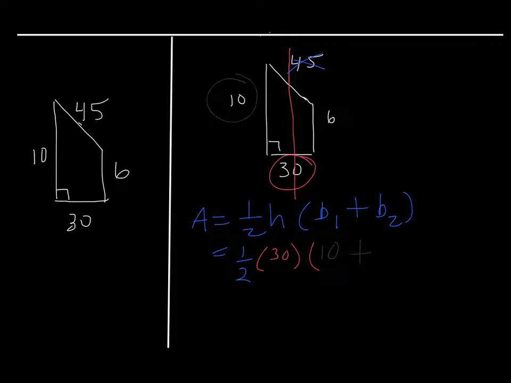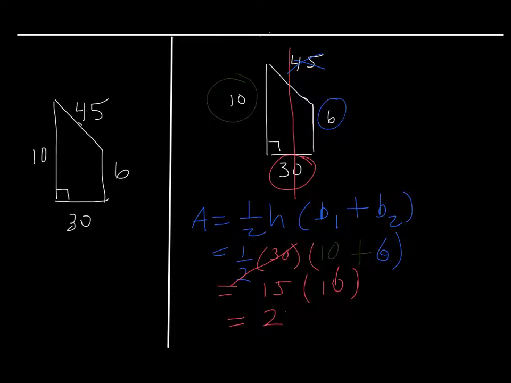So 10 plus the other one, which is 6. Then I go to solve this, and the 2 goes into 30 15 times, and, oops, excuse me, 16. I almost wrote 10 plus 6. So now 15 times 16 is equal to 150 and 75, 225.